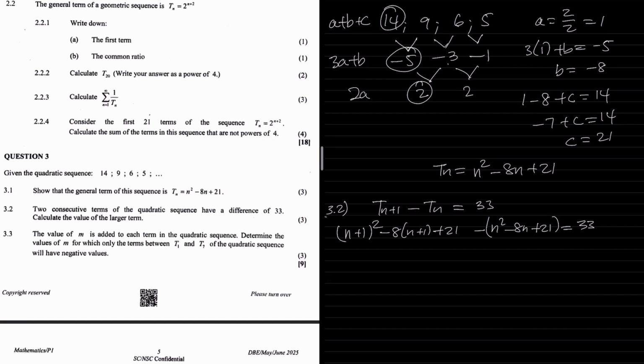Now let's expand and then simplify, and then we solve for n. So this will be n squared plus 2n plus 1 minus 8n minus 8 plus 21 minus n squared plus 8n minus 21 is equal to 33.